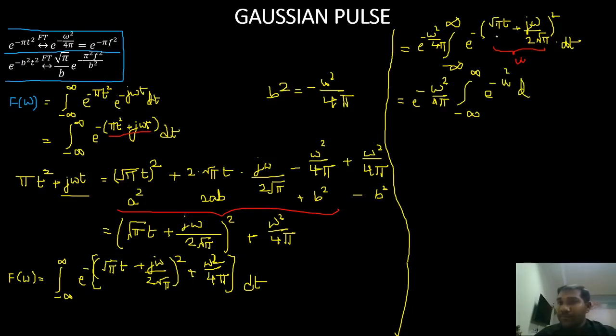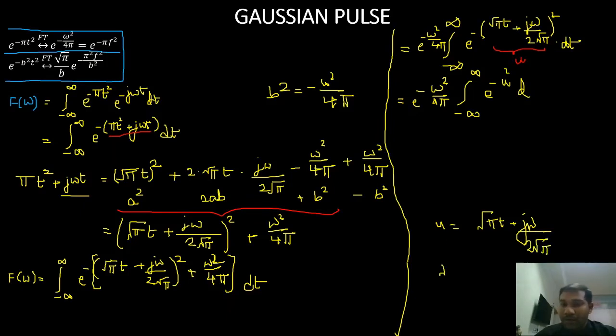What is dt? U is equal to root pi t plus j omega by 2 root pi.